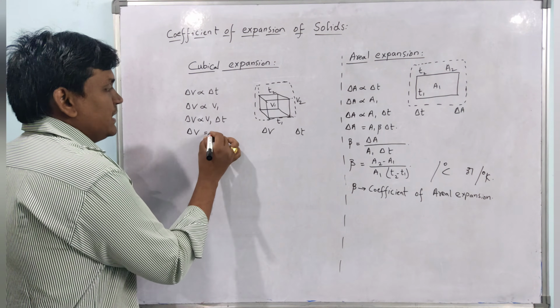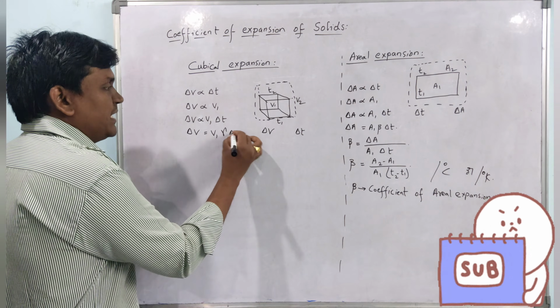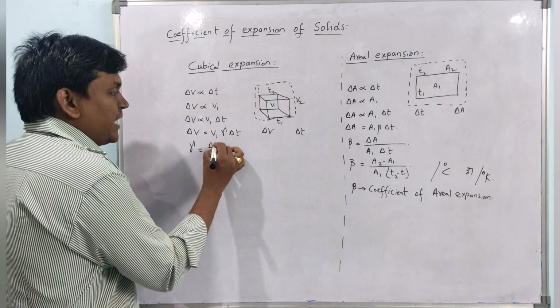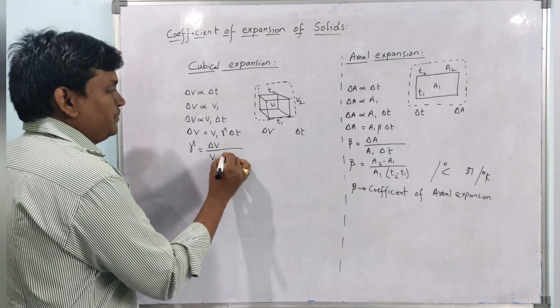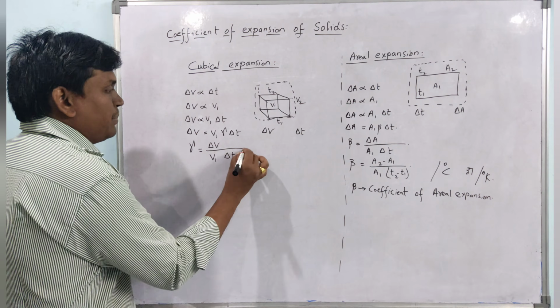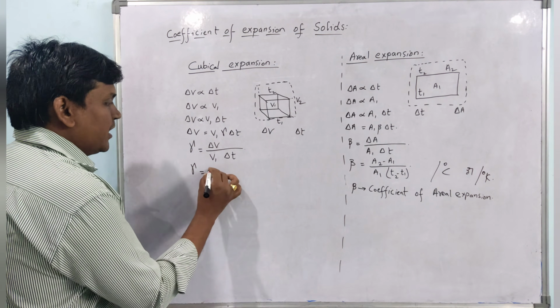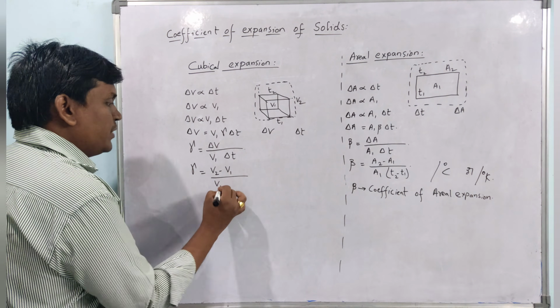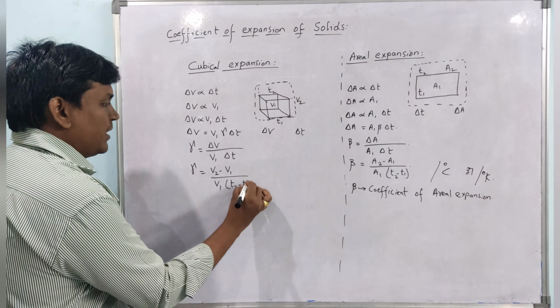So delta V is equal to V1 gamma delta T. And here gamma is equal to change in volume by original volume into change in temperature. Or this can be written as gamma equal to V2 minus V1 by V1 into T2 minus T1.